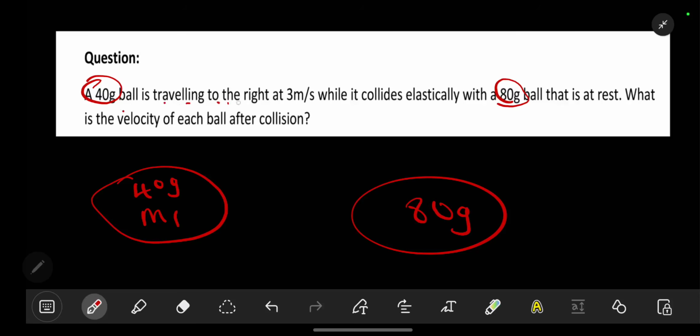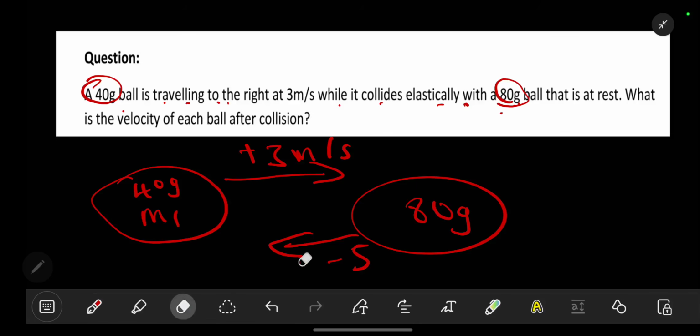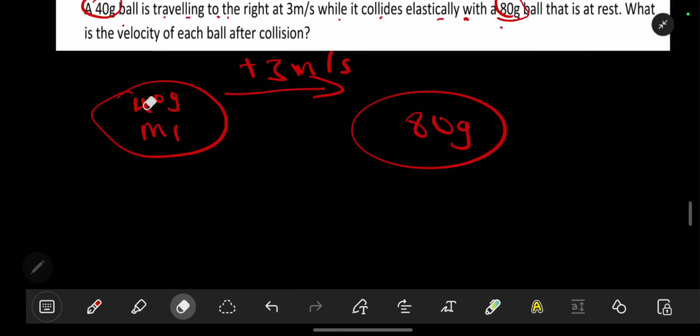The ball is traveling to the right at 3 meters per second while it collides elastically with this one, which is not moving. So let's take this direction to be positive. So it's moving with positive 3 meters per second. If the other one was also moving to this side, it would be positive, but if it moved the opposite way, it would be negative, because this direction is considered positive. With that said, let's convert this.